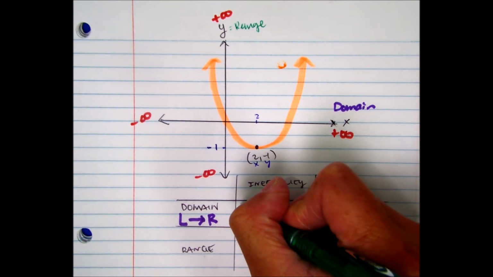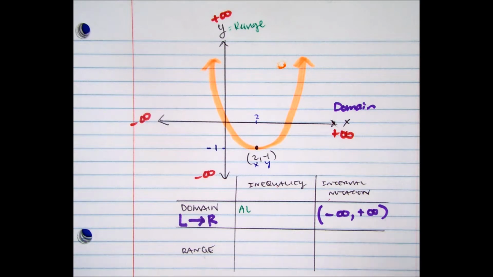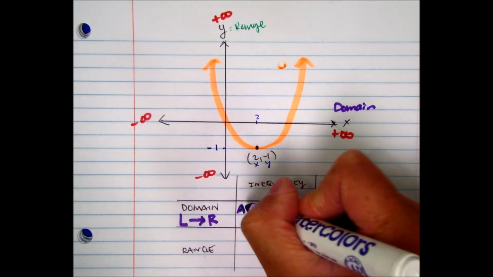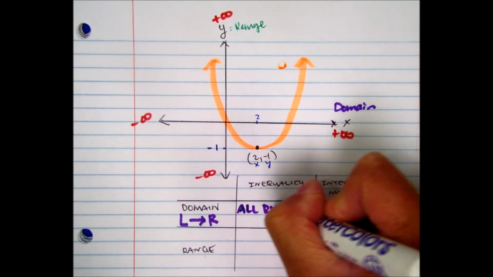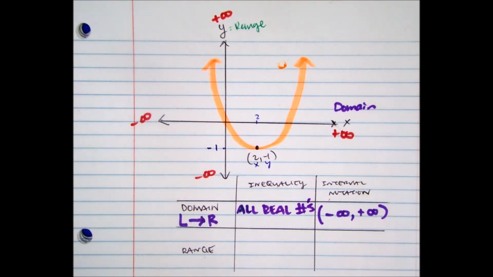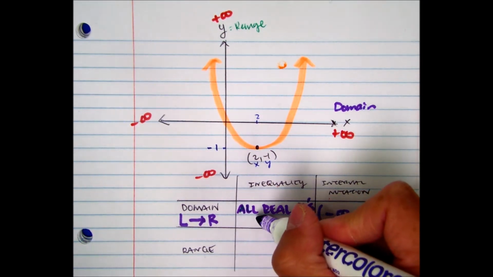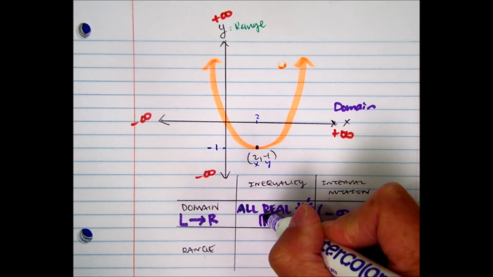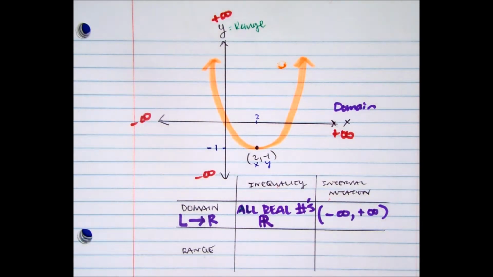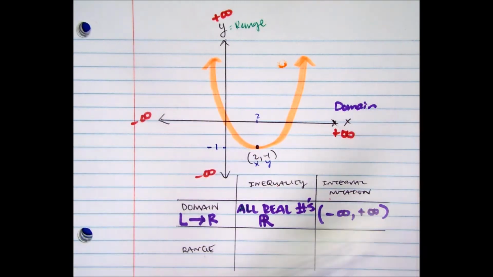We call this all real numbers. You can basically pick any number and it will be on this orange graph. The symbol for all real numbers is an R with kind of two lines there. Okay? So that is the domain. You're always going from left to right.